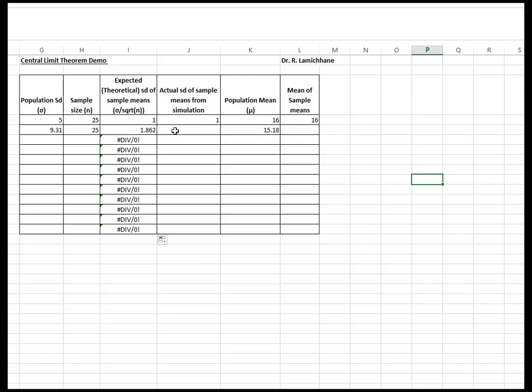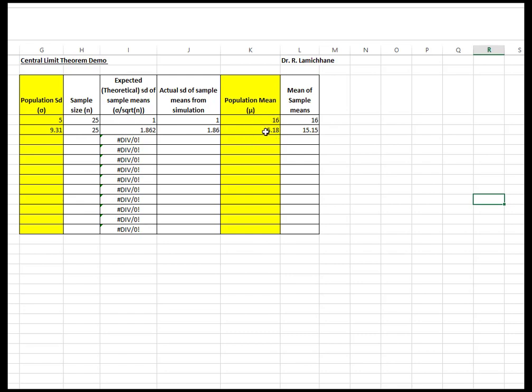So let me just write down here. This is the actual standard deviation from the simulation, and this is 15.15. Now look here, how close these are, and notice that these two are usually unknown values. Now we can easily calculate them.